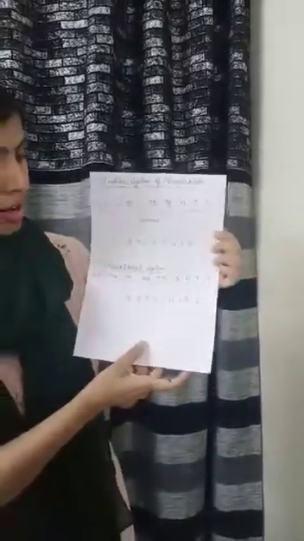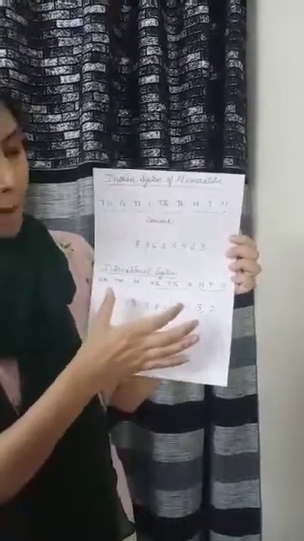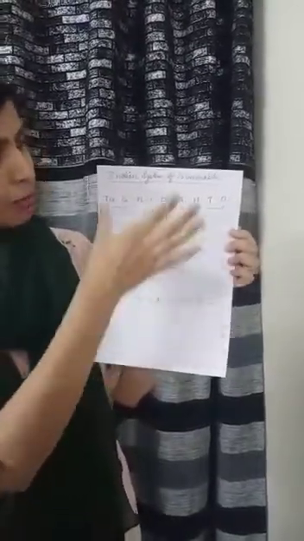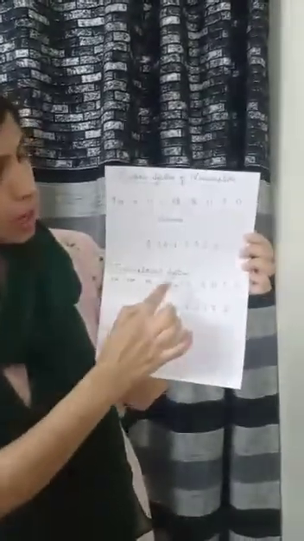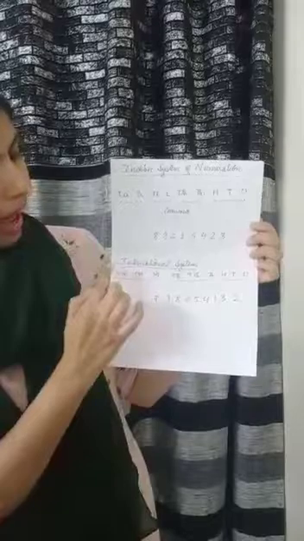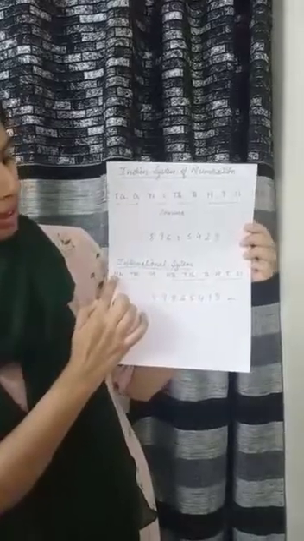Next comes the international system of numeration. Here also the place values are very important, but they are different from the Indian system of numeration. We are going to start with ones, tens, 100, 1,000, 10,000, 100,000, million, 10 million and 100 million.